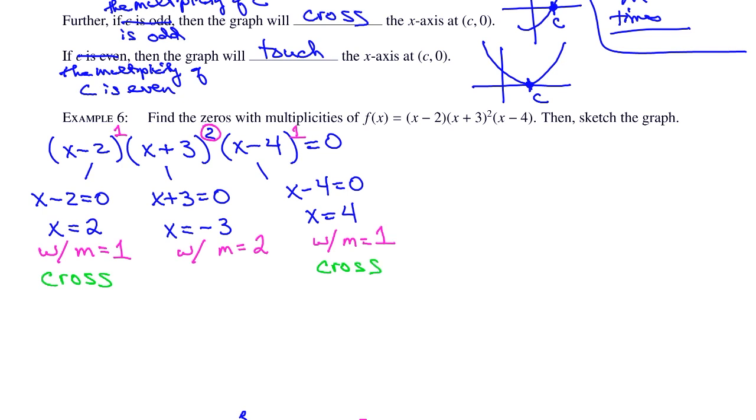When the multiplicity is even, that means the graph just comes up and touches. And so when x is equal to negative 3, we have a multiplicity that's equal to 2, that's even. So the graph is just going to touch at the root x equals negative 3. Now let's sketch the graph.